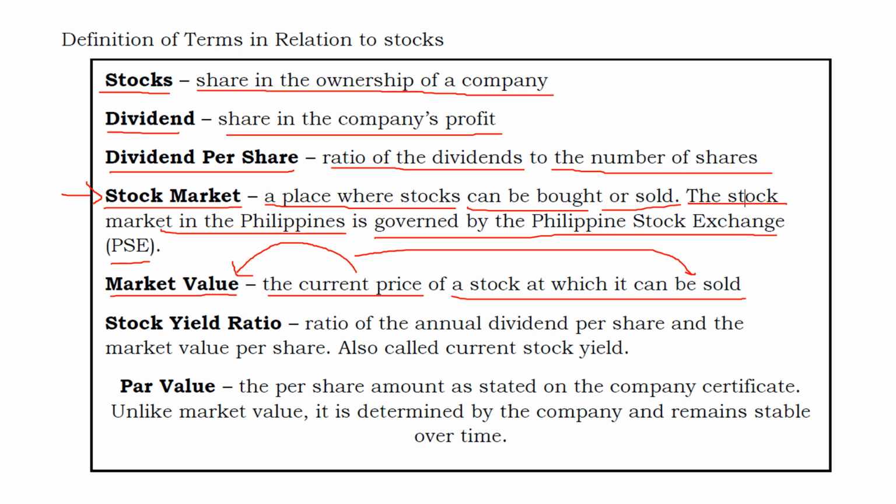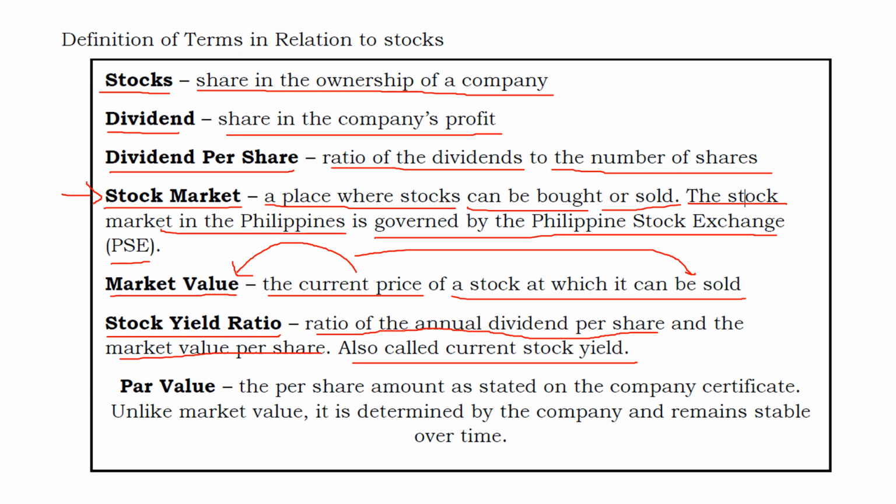Now, for the next term, the stock yield ratio, it is the ratio of the annual dividend per share and the market value per share, also called the current stock yield. When we say dividend yield ratio, it shows what percentage of the market price of a share a company annually pays to its stockholders in the form of dividends.